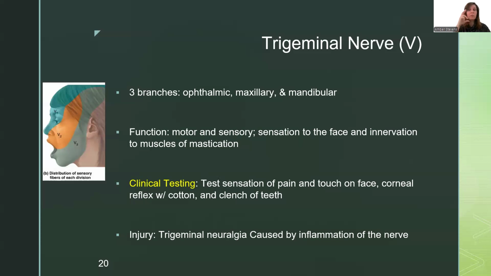For motor, it controls the muscles involved in chewing. To test it, we check sensation by lightly touching areas of the face. And then to test the corneal reflex by gently touching the cornea with cotton. And then you have the subject clench their teeth. So those are things that we're testing, how you test that nerve. For injury, inflammation can cause trigeminal neuralgia, which is characterized by an intense facial pain.